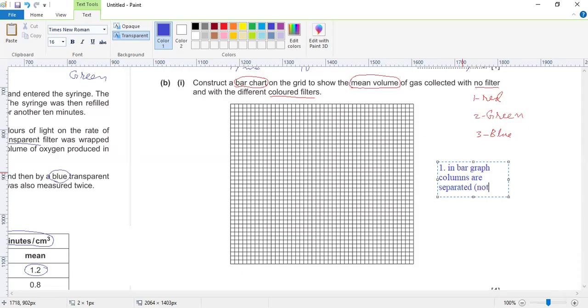Separated means not merged. When I draw, then you will understand what I'm going to say.